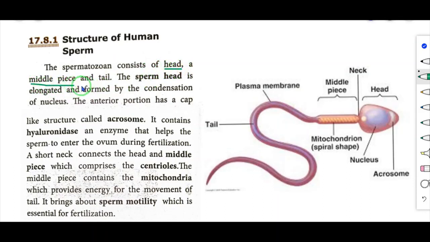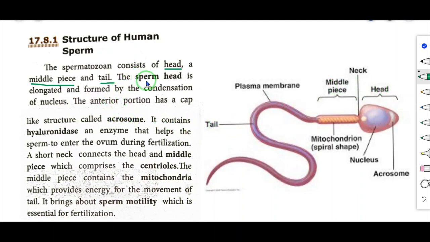This is the head region, this is the middle piece, and then this region together is the tail.